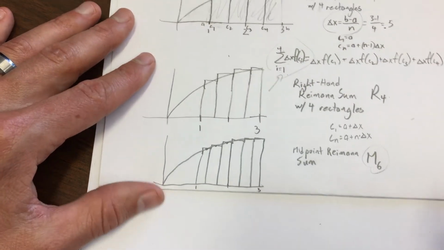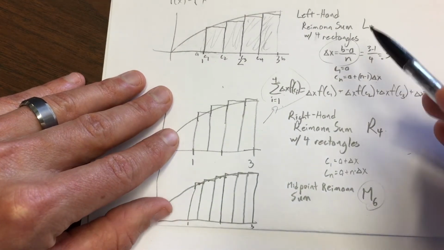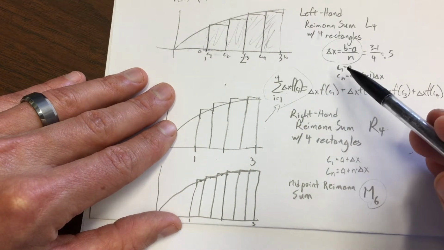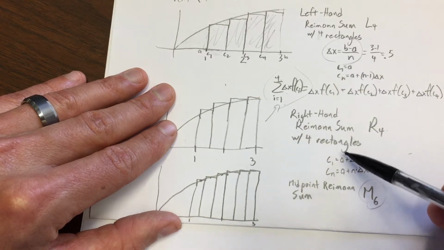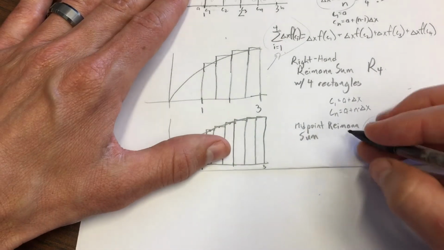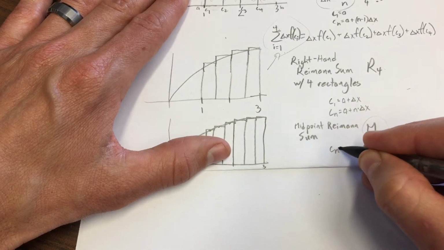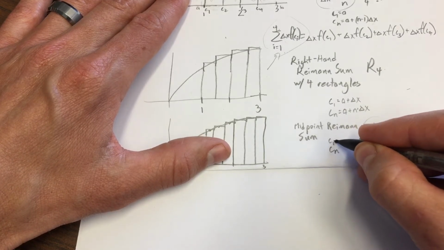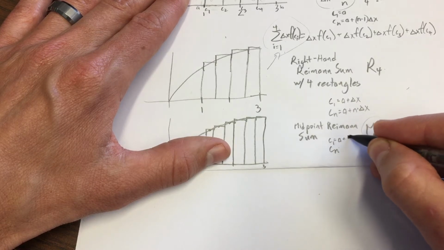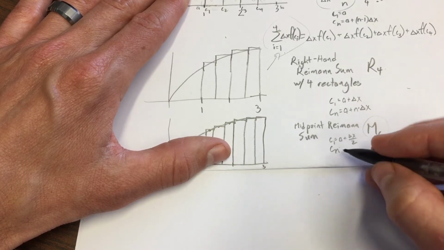Well, the widths are exactly the same as before, right? The widths of the rectangles, but where are the Ci going to be? Well, we started with A, and then we went to A plus delta x. Well, down here, I just need Cn. Well, let me give you C1 to begin with. C1 needs to be A plus delta x over 2, right?